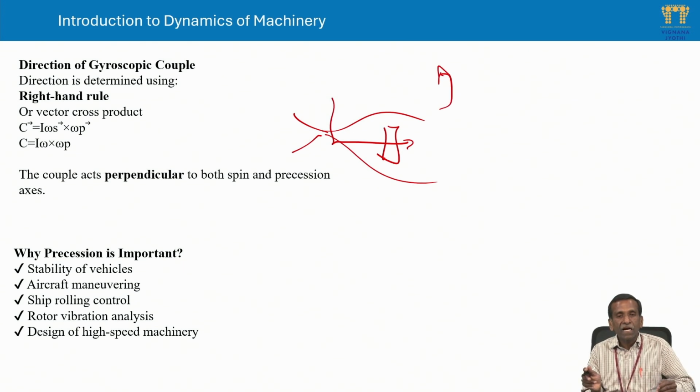The aircraft will tilt, and to maintain balance there will be an opposite gyroscopic reaction. In ships, marine engineering, aircraft engineering and automobiles, the gyroscopic effect needs to be considered while analyzing the dynamic force analysis.